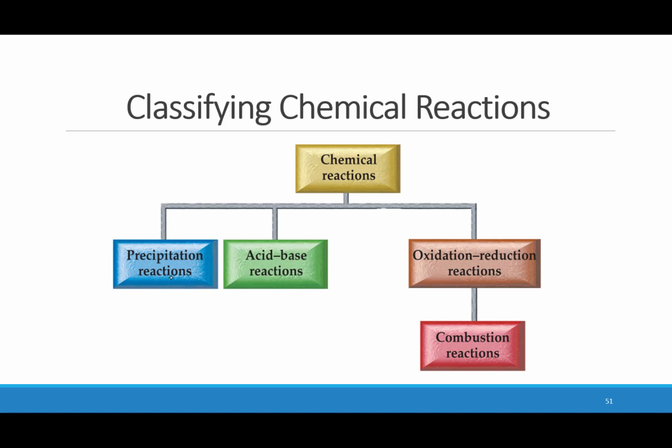For oxidation reduction, we have a transfer of electrons. Oxidation is losing electrons, reduction is gaining electrons. And combustion reactions, which are a type of redox reaction, are reactions involving oxygen. That means oxygen will be one of the reactants. All combustion reactions are redox reactions, and they are exothermic because burning produces heat.